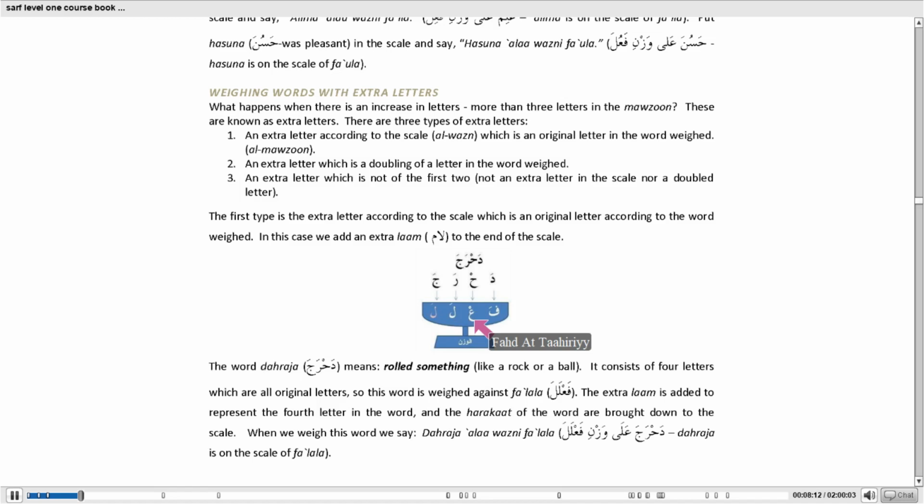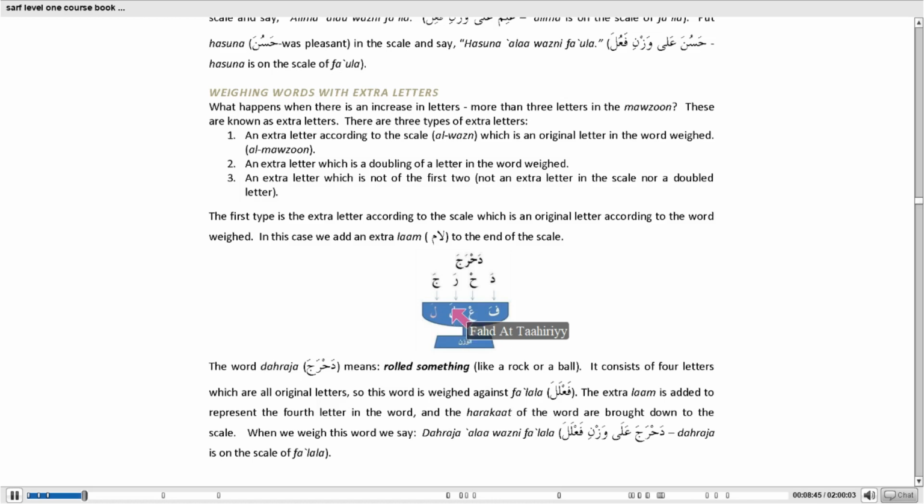Since the number of letters in the scale is 3, and we want to weigh a 4-letter verb containing all original letters, isn't the 4th going to be extra according to the scale? It's going to be an extra letter according to the scale.